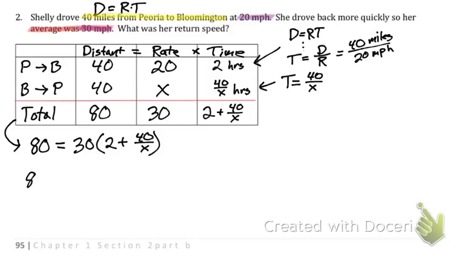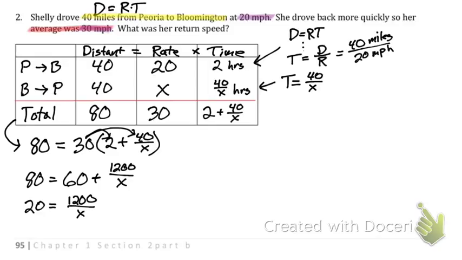So we have 80 equals 30 times 2, which would be 60, plus 30 times 40. Well, 3 times 4 is 12. We'll have 1,200 over x. Now it's simply subtracting 60 from both sides to give me 20 equals 1,200 divided by x.